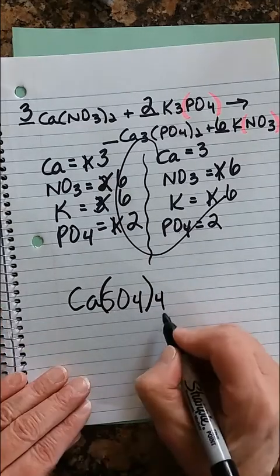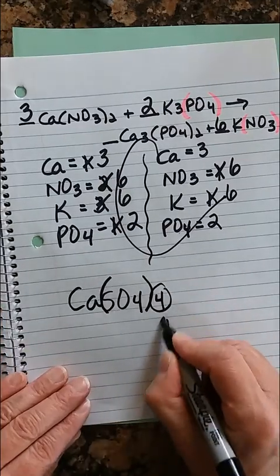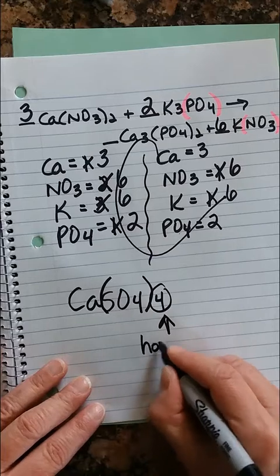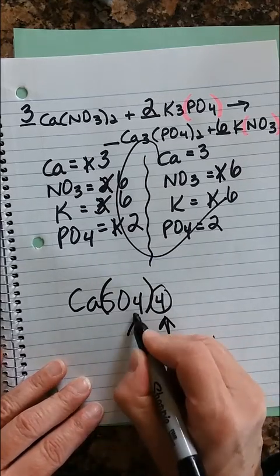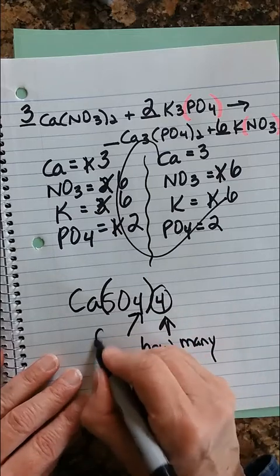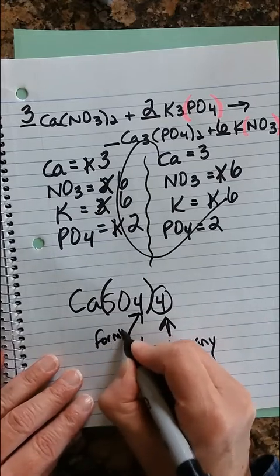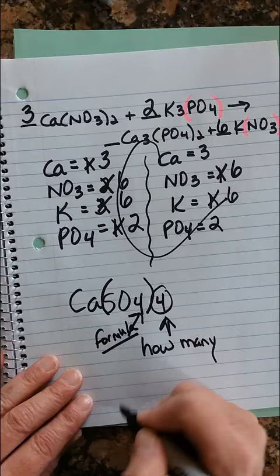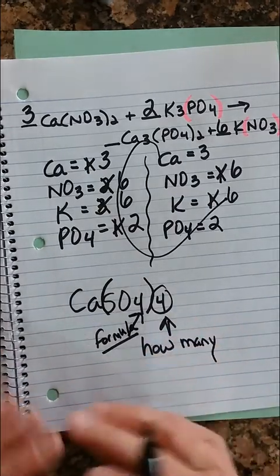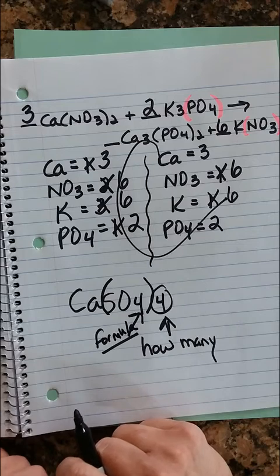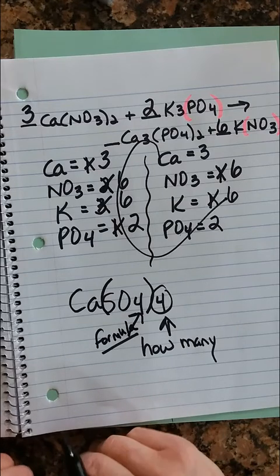So just remember that this number on the outside is going to tell me how many, okay? And the 4 on the inside, this 4 here, is part of the formula. Okay, so if I looked up SO4 or sulfate, it's called sulfate, I would see that that 4, that O4 is part of the formula. Okay? All right, I hope that helped.